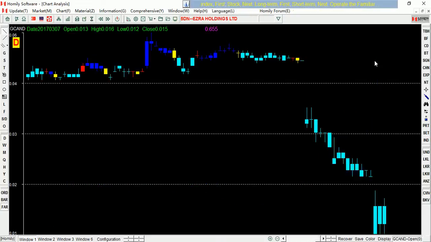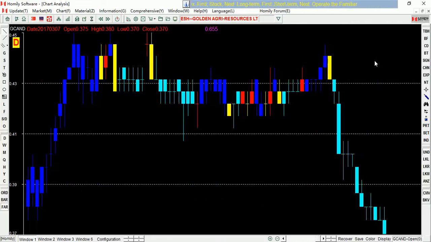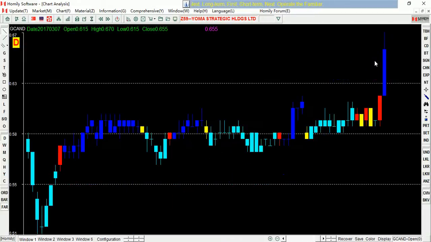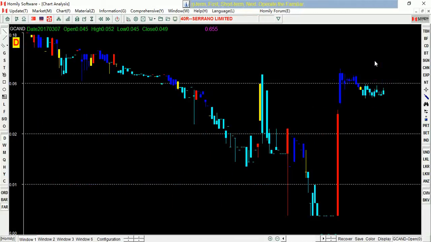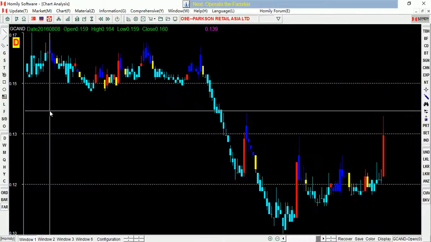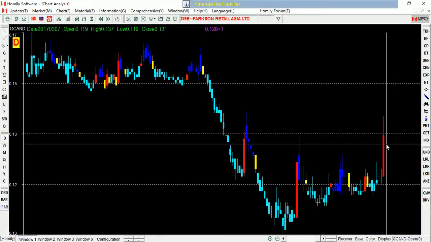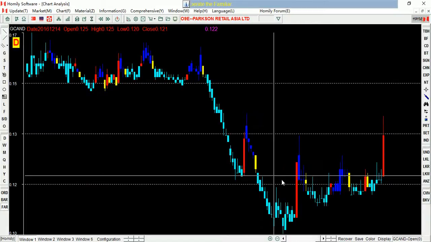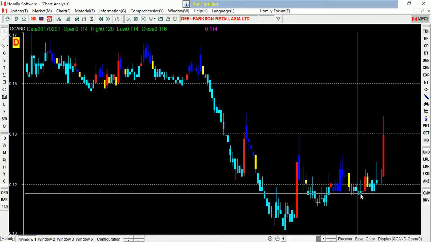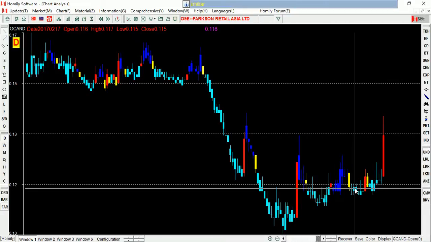Then we check the stocks. Each stock is the same. So you see one by one, okay? So here, if you buy, you sell, buy, sell, buy, sell, buy, sell. Earn money or not?